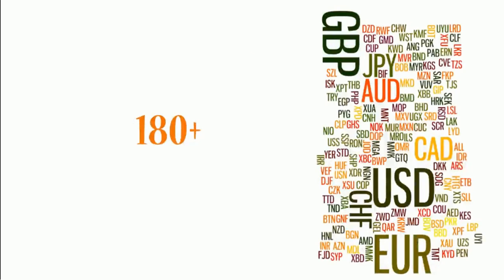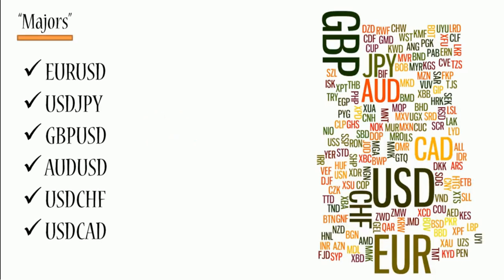There are over 180 currencies in the world, and you can combine any two of them to give you a currency pair. Most traders identify two main groups of currency pairs. These are the majors: the Euro-US dollar, the dollar yen, the British pound dollar, the Australian dollar American dollar, the dollar Swiss franc, and the dollar Canadian dollar.